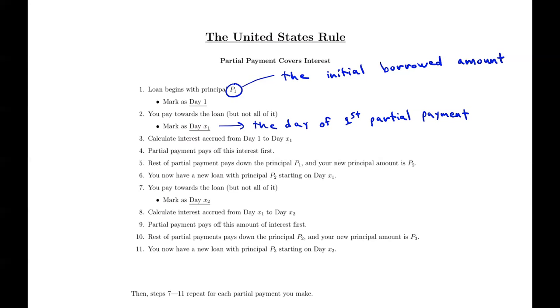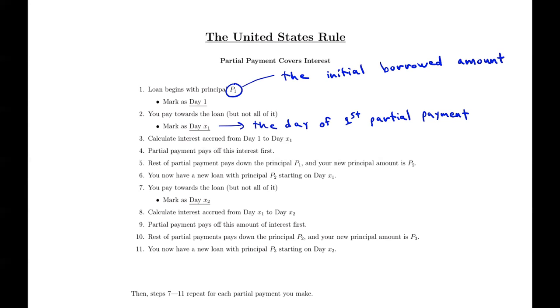It wouldn't be any more difficult, it'd just be a different formula that we use. But for us, we're just going to deal with simple interest here. And so you're going to calculate that interest that accrues from day one until day X1, which is basically just that time frame in between the day you took out the loan and the day that you made a partial payment.